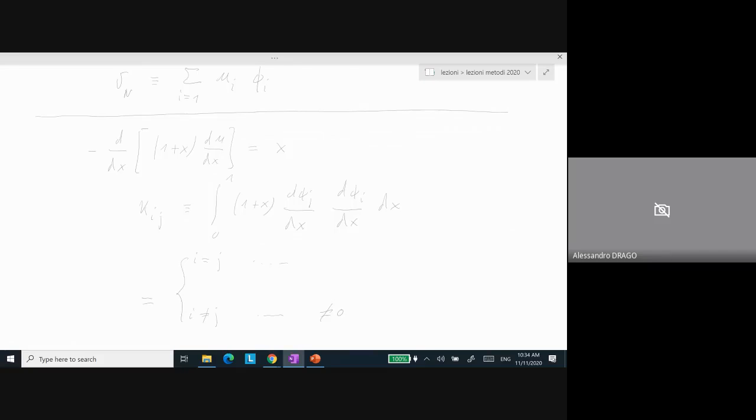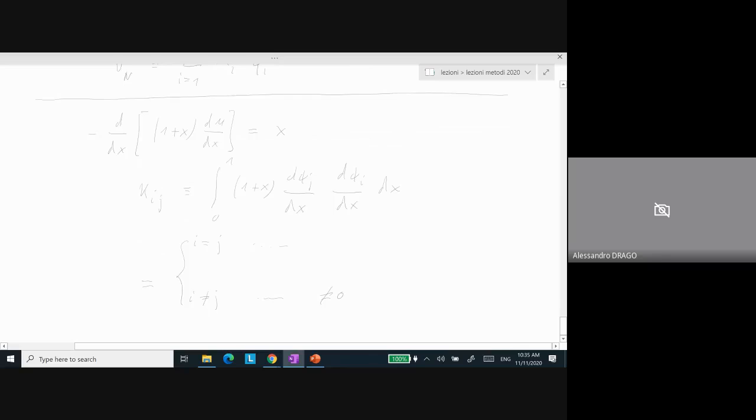So, which is the crucial information here? The crucial information is that because K, this object here, was not just 1, okay, then the matrix is not diagonal.